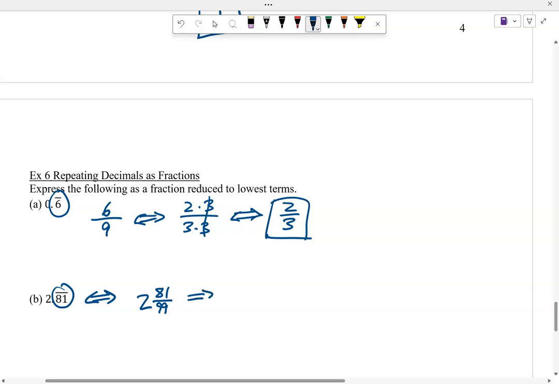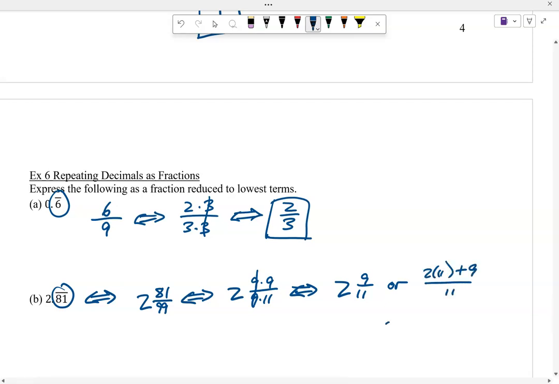I'm going to leave the 2 alone right there, but 81 I'm going to factor into 9 times 9, and the 99 factors into 9 times 11. So it looks like I'm left with 2 and 9 11ths. Or if you wanted to multiply 2 times 11 plus the 9 on top all over 11, I've got 22 plus 9, that's 31 over 11, the same thing.